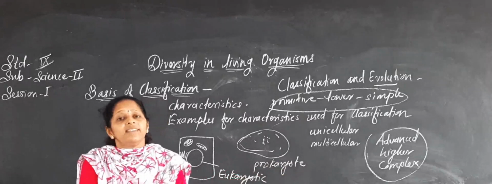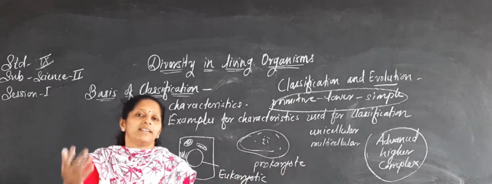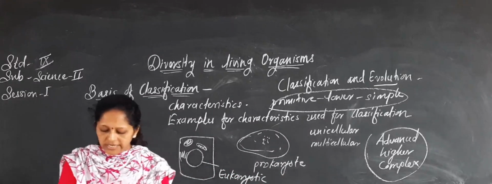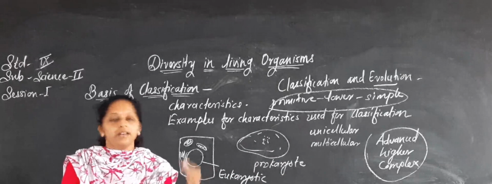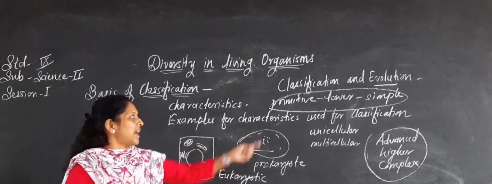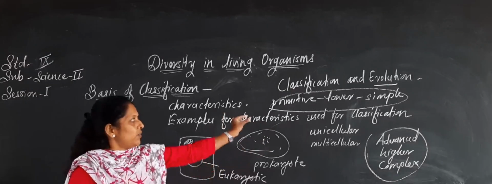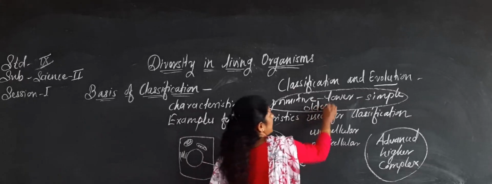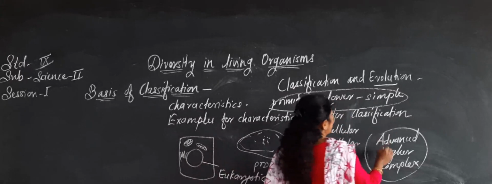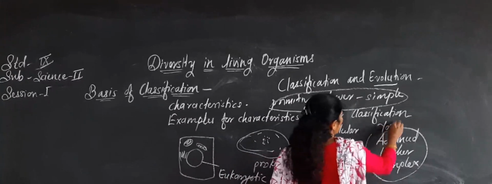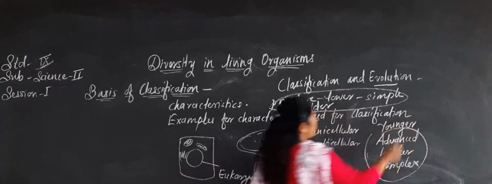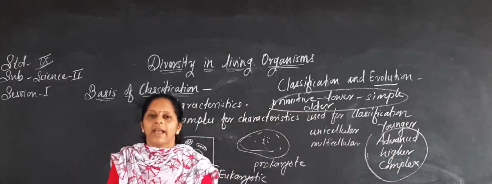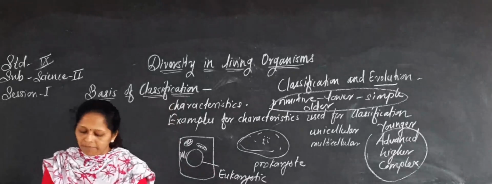More and more complex bodies are forming. It may not be wrong to say that older organisms are the simpler ones and younger organisms are the complex ones, as I have written here. These are called older organisms, and these are called younger organisms. Commonly we say that older organisms are simpler and younger organisms are complex.